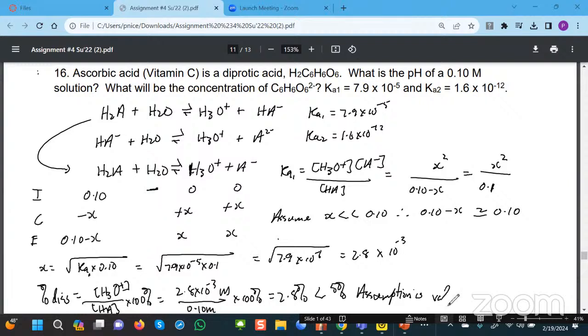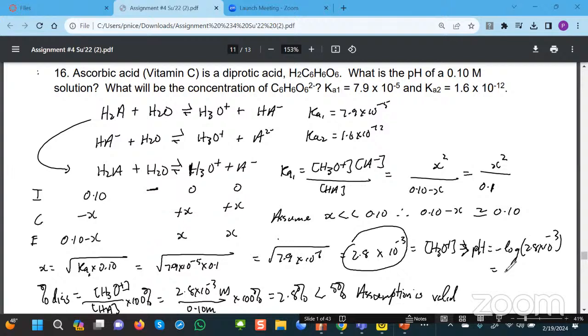So what does that mean? That means that the X that we calculated here is going to be equal to the concentration of H3O plus, which means that the pH will be equal to minus log of 2.8 times 10 to the minus 3.